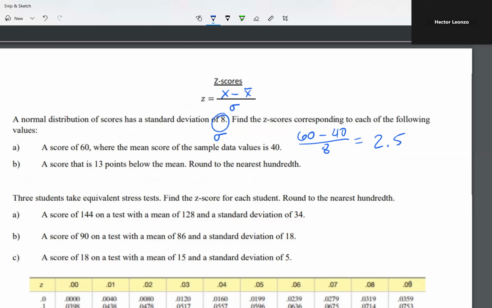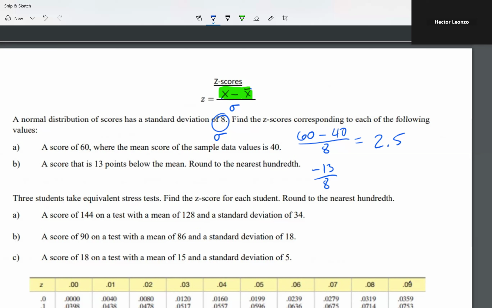Now let's take a look at example B. A score that is 13 points below the mean. Interesting. Looking at our formula, X minus the mean, that's basically the difference between the number that I'm checking. So that really is negative 13 divided by 8. Remember, our standard deviation is 8. So 13 points below the mean, so negative 13. If I said 13 points above the mean, positive 13.